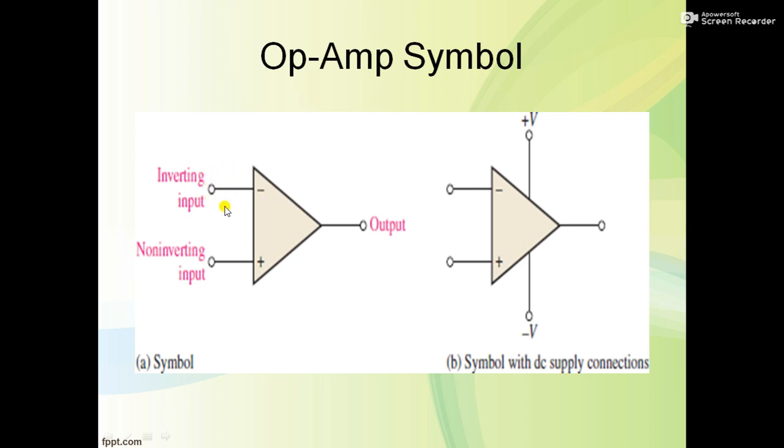In the inverting amplifier circuit, we apply Vin voltage only to the negative terminal, and the positive terminal is grounded. Similarly, in the non-inverting amplifier circuit, we apply Vin voltage only to the positive terminal and the negative terminal becomes ground.